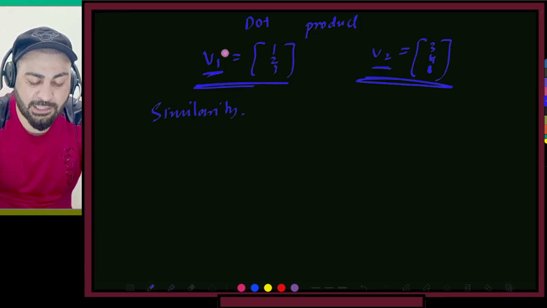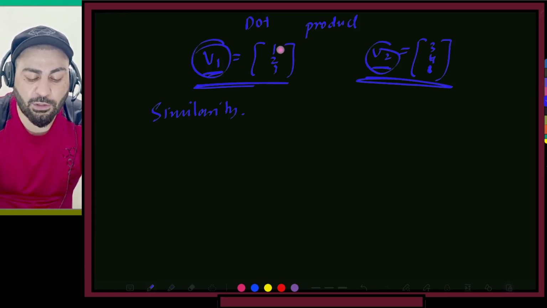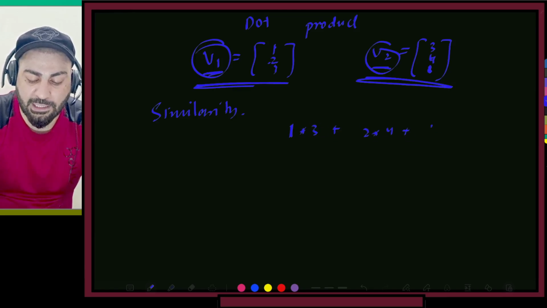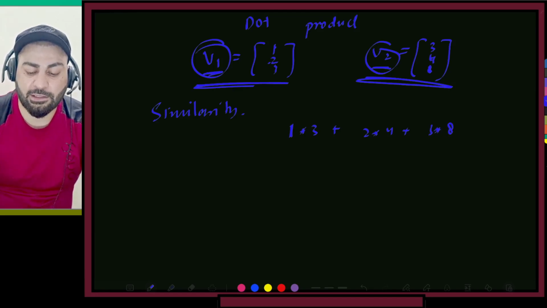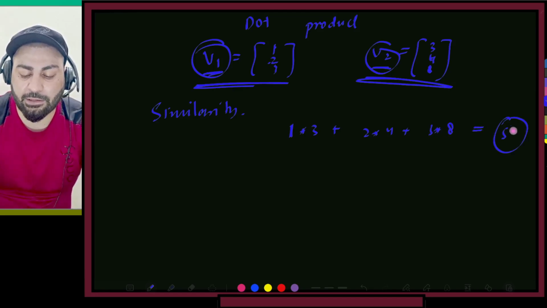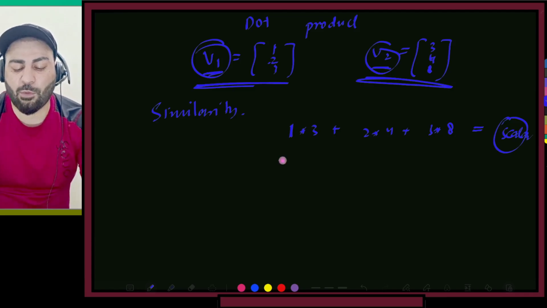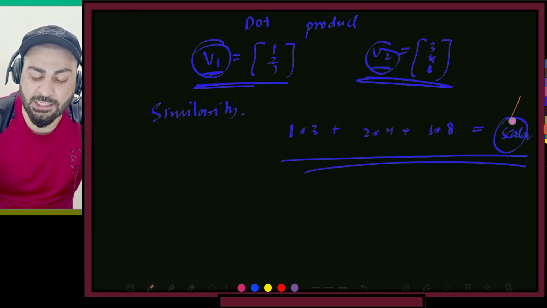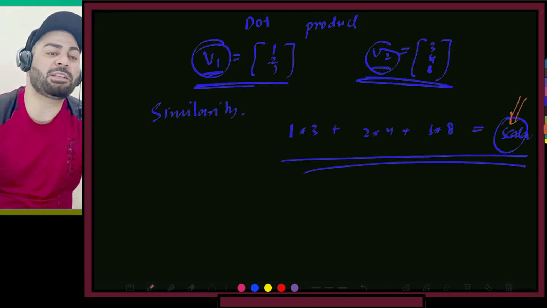This is my vector v1 and this is my vector v2. You can just perform the multiplication like this: 1 multiplied by 3 plus 2 multiplied by 4 plus 3 multiplied by 8. Okay, here you get a scalar. So somewhat, it can tell you how similar they are. This scalar value will tell you how similar these vectors are.